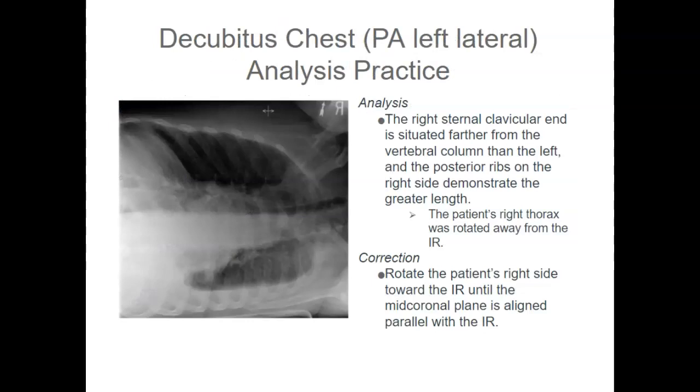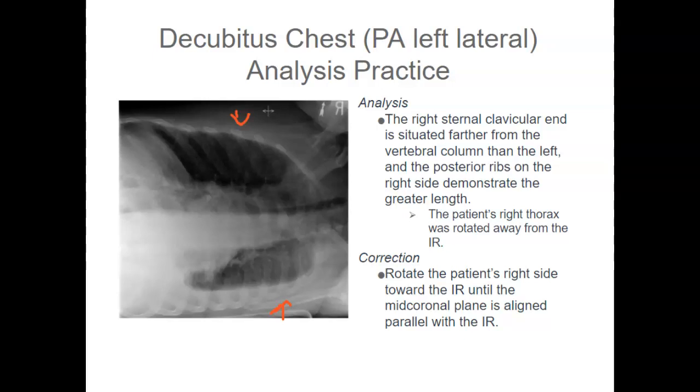Let's look at this one practice analysis of the left lateral decubitus position. When looking at this image, you can see that one side of the ribs are elongated, which is this right side right here, and one is foreshortened. Therefore, we have some rotation issues. Your sternoclavicular ends aren't equidistant as well.